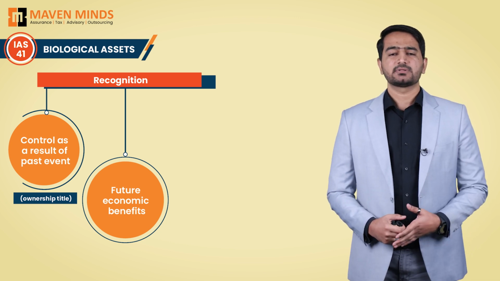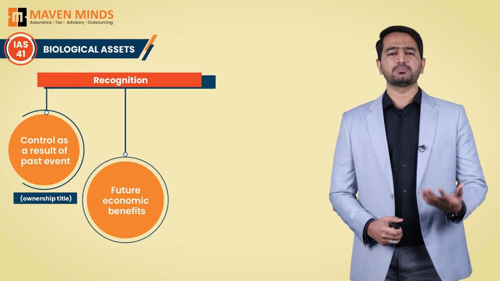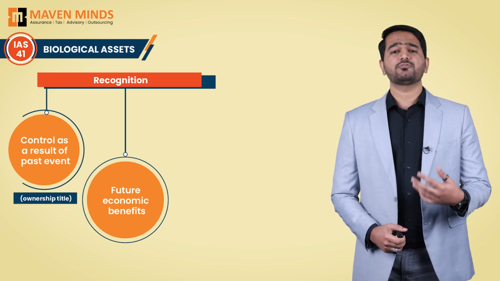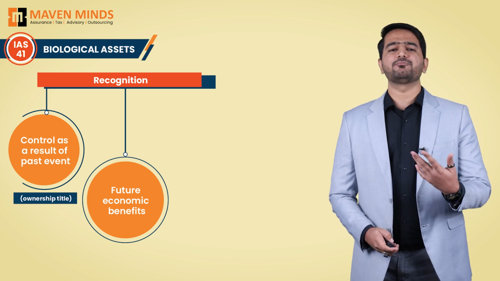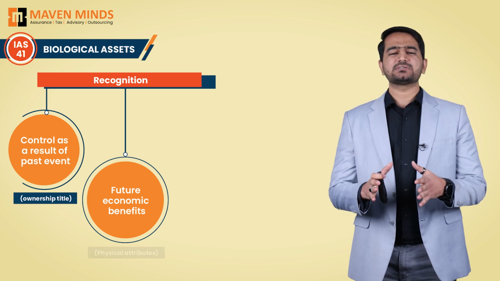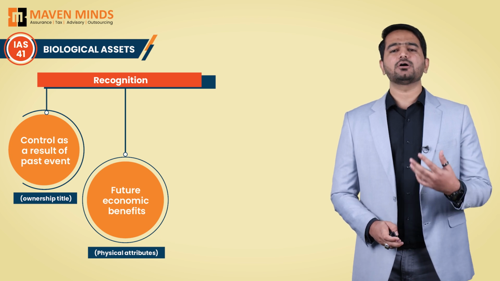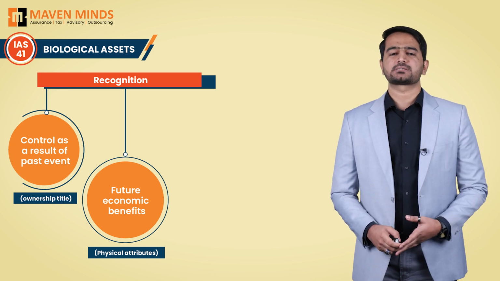For instance, a herd of cows will produce milk, calves, or meat, and an orchard of apple trees will bear apple fruit. These physical attributes make biological assets naturally capable of generating economic benefits.